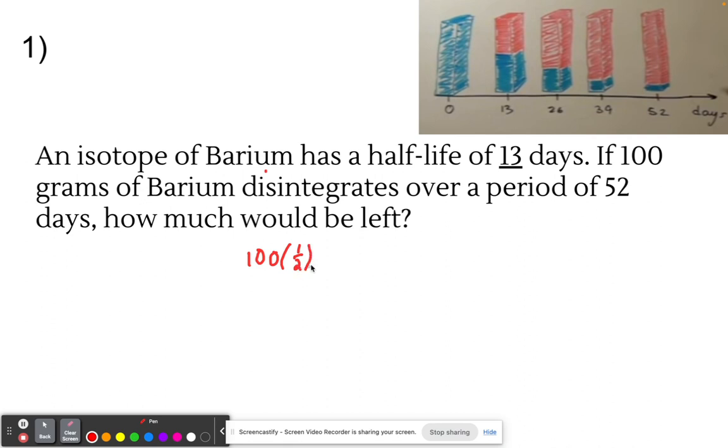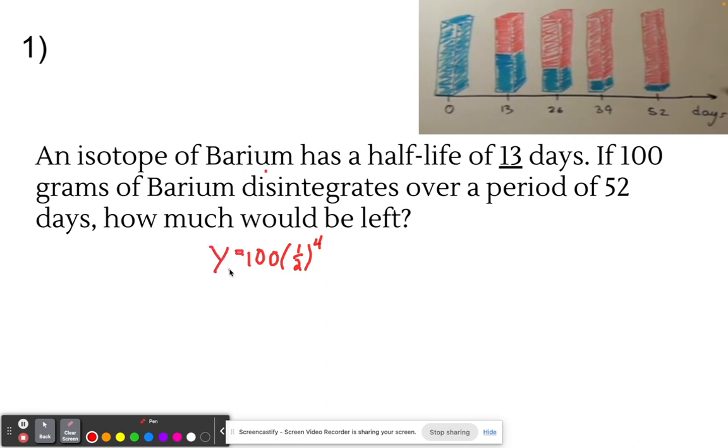You could put 0.5. Every 13 days. Well, we're talking about how many half-lives this is. One half-life is 13, 2 would be 26. This would be 4 half-lives. So this would tell us how much is left.